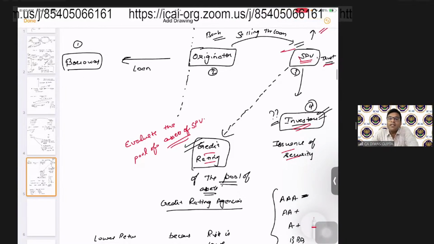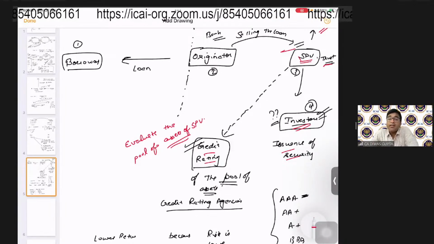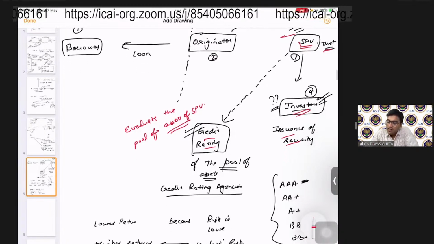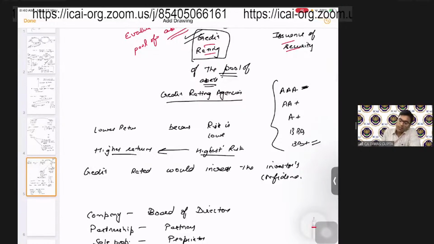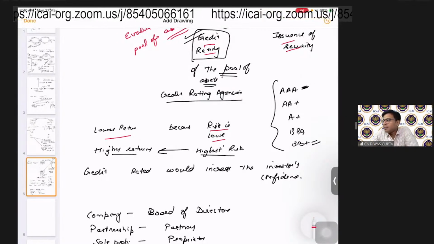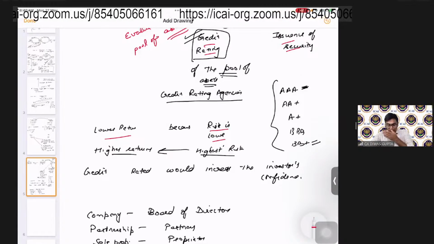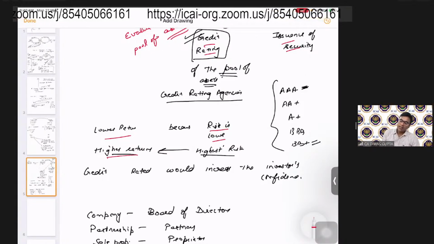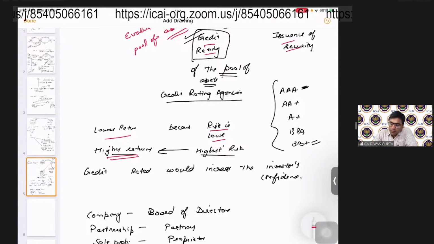The SPV will say that, see, I hold a pool of assets which is very, very high in terms of creditworthiness, so I will give you lower returns because the risk of default is lower. You're getting the point? That's how they will think. And in case of higher risk, they will tend to offer higher returns. Okay.